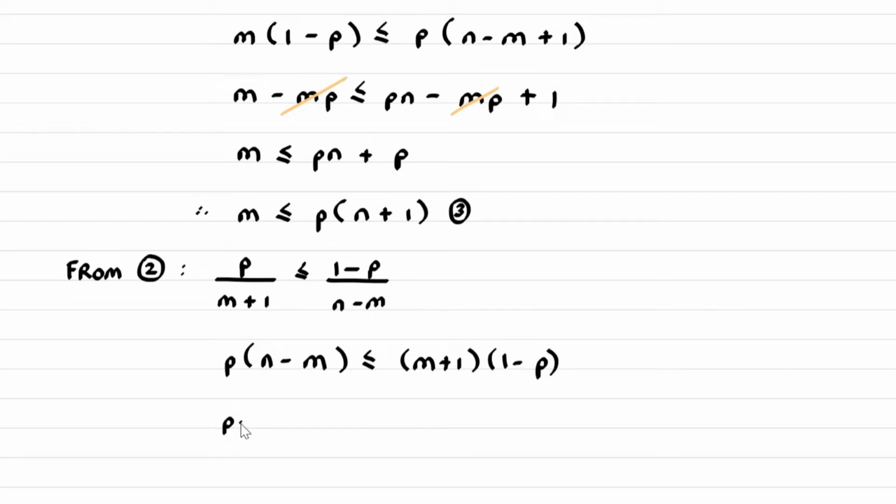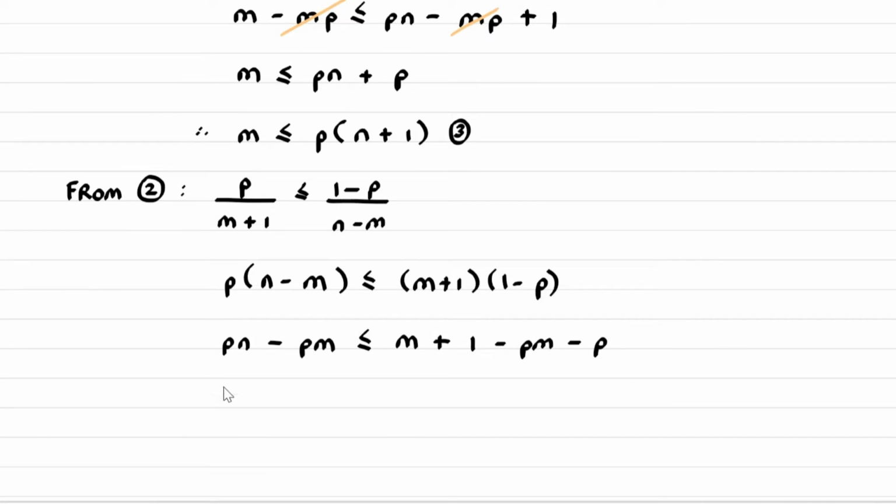So I've got pn minus pm being less than or equal to m plus 1 minus pm minus p. We can see what simplifies, the minus pm's simplify to 0.